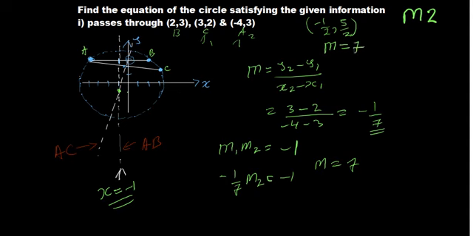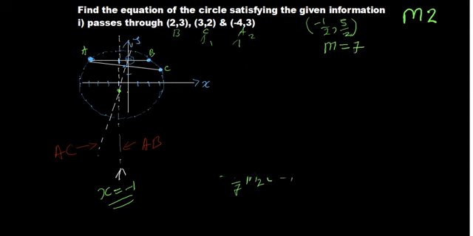From that gradient, now we need to find the equation of that perpendicular bisector. Remember, the perpendicular bisector whose equation we are finding is this one here. So we use the equation y minus y1 is equal to m times x minus x1. The m we have, and x1 and y1 we have, which is the midpoint of AC.